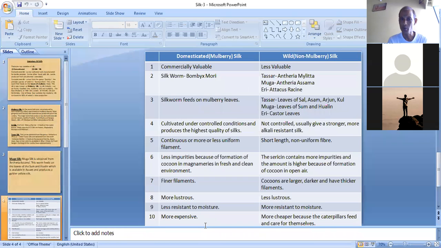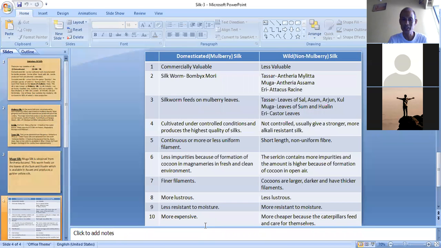Here the silkworm is Bombyx mori, here tussar, Antheraea mylitta, muga, Antheraea assamensis, Ari, Attacus ricini. Silkworm feeds on mulberry leaves. A silkworm of tussar feeds on leaves of sal, Asan, Arjun; muga, leaves of som and soalu; Ari, castor leaves. ये हमने पहले ही कवर किया, उन्हीं को हम पॉइंट वाइज अलग किया.